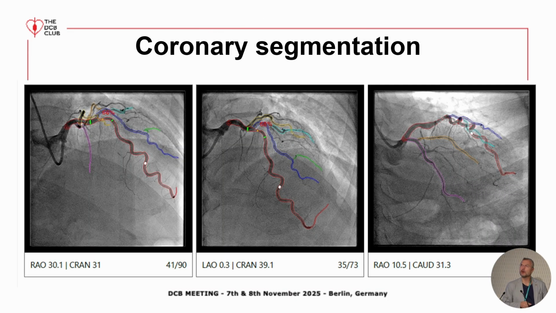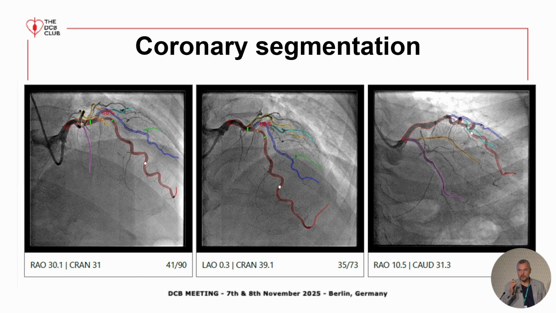I'm not sure how many of you colleagues are familiar with CathWorks, which is basically an angio-based FFR, demonstrated as good as the invasive FFR in the FAST trial, which was about to be published.